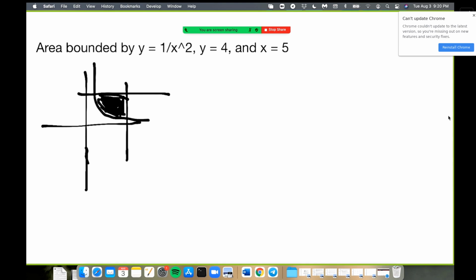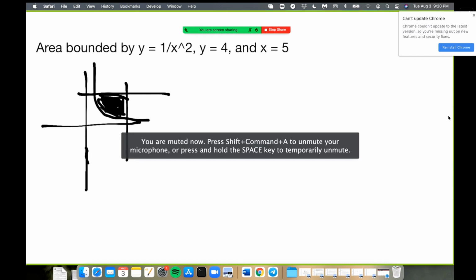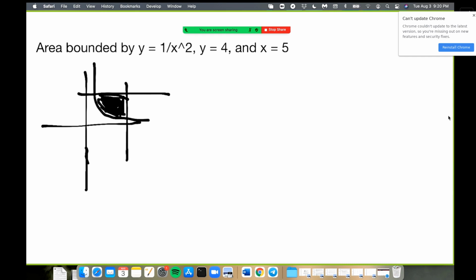So what we need to think about first is, what are our constraints for this function? And I think the first thing that I'd want to start with is saying, okay, so what are our ending x values and y values? And so let's solve for those. So we know that this line, x equals 5, so we know our upper bound for x is going to be 5, and let's call this b.